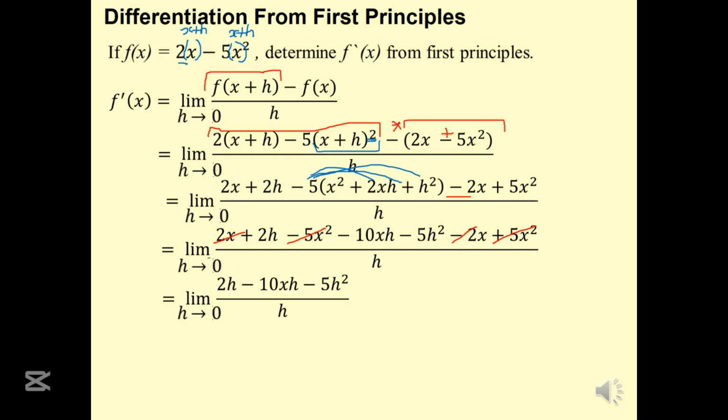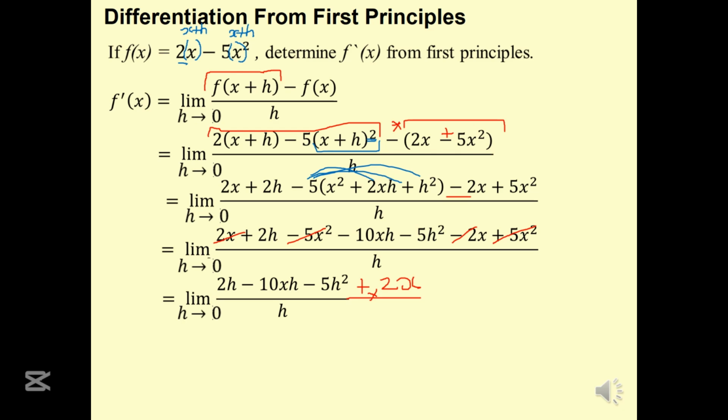I've done my studying already, so I should somehow know where this expression is going. When you reach here, we have to factorize h. And if it happens by any chance that in your expression you don't have a common factor, let's say there is something else like 2x here in my numerator, that will make factorization impossible.